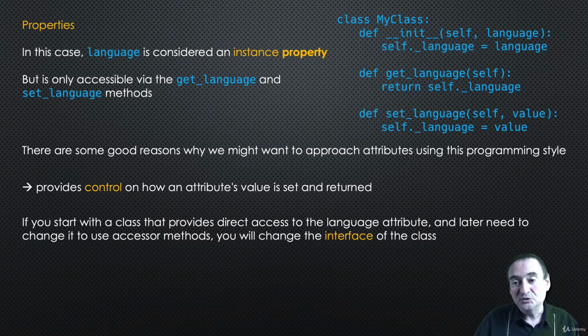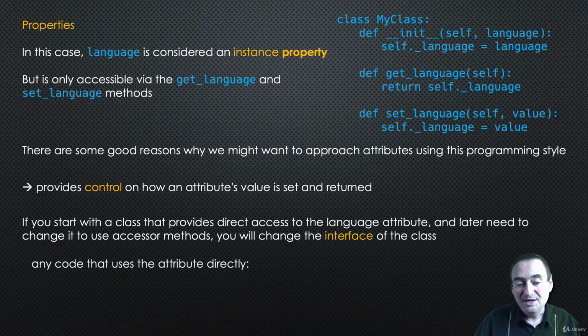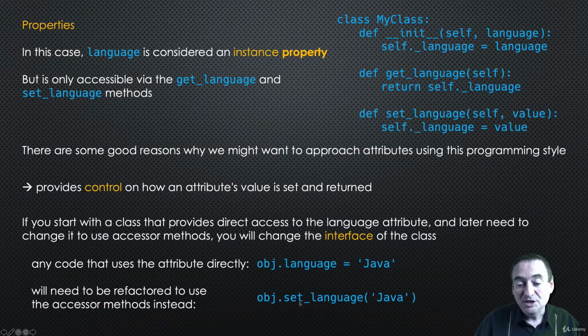I need to go through these functions, these methods, because I need to provide some additional functionality when you get and set these values. Well, in that case, you're now changing the interface to your class, right? Because any object that used code like object.language equals Java, so it was accessing the bare language attribute directly, now has to be refactored to use the set method, object.setLanguage to Java.